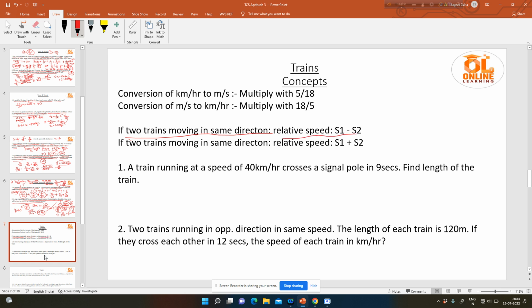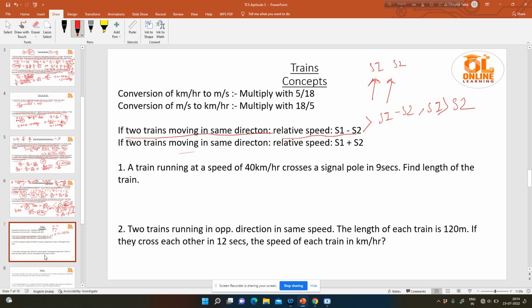if two trains are moving in the same direction, the relative speed would be s1 minus s2. If the first train's speed is s1 and the second train's speed is s2, and they are moving in the same direction, we have to subtract, that is s1 minus s2, when s1 is greater than s2.